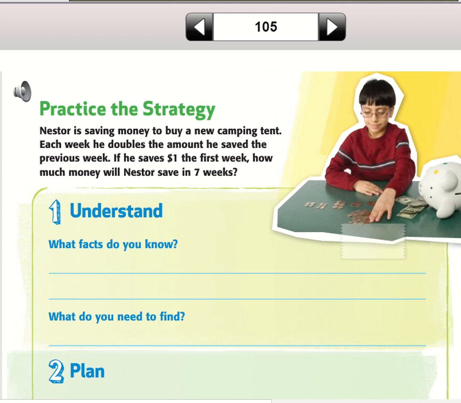Nestor is saving money to buy a new camping tent. Each week, he doubles the amount he saved the previous week. If he saves $1 for the first week, how much money will Nestor save in 7 weeks? So it says, what facts do we know?